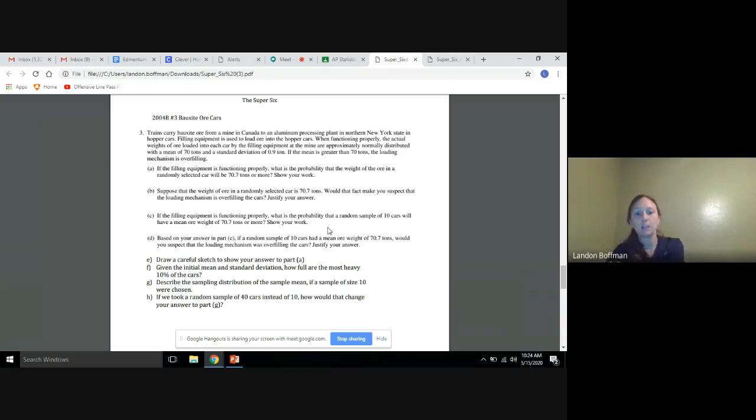To find this probability, theoretically, what we would need to do is take a random sample of 10 cars, record their mean, put them back, take another random sample of 10 cars, record their mean, put it back, take another random sample of 10 cars, record their mean, and then you graph them all and see, okay, what's the probability of all these means being 70.7 or more? So what did I just describe? If I take a bunch of samples and record the mean for all those samples, we have a word for that.